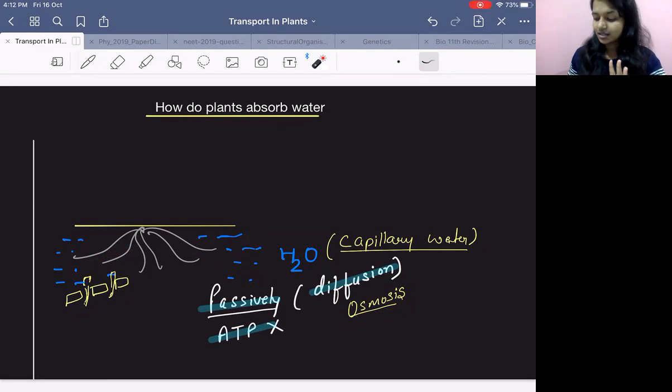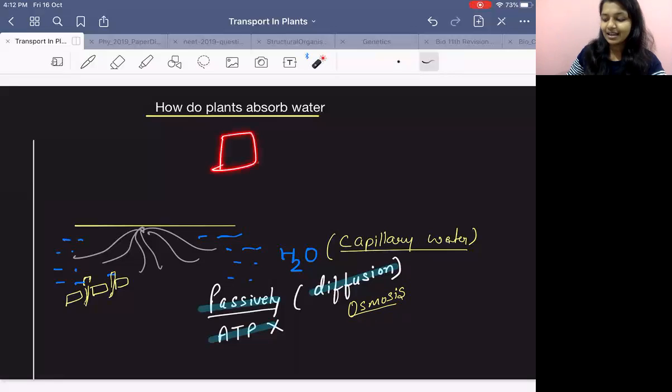But there is a chapter called Anatomy of Flowering Plants, where we have to learn about the structure of root, stem, leaves and all those things, the internal structure. When you learn the internal structure, you will see that root is not that simple.